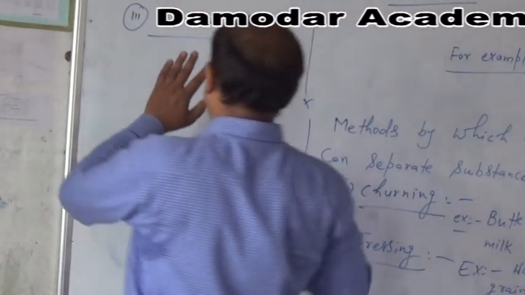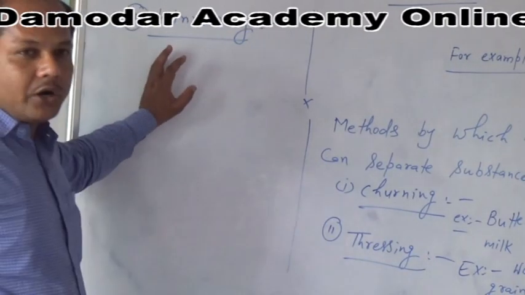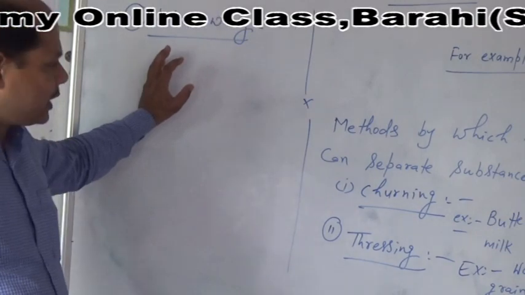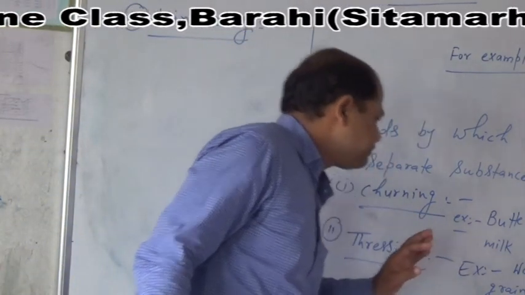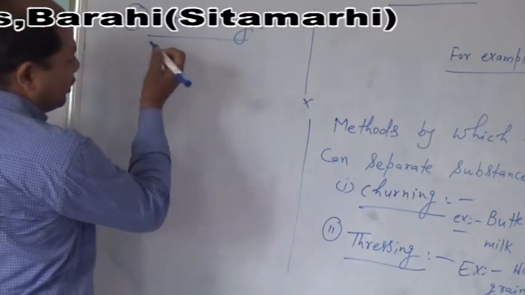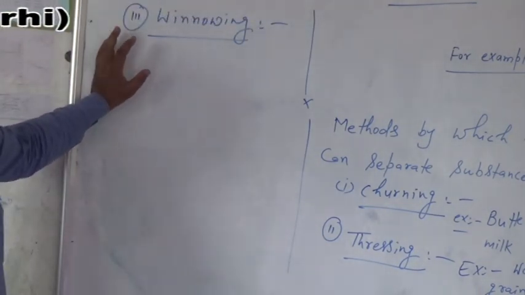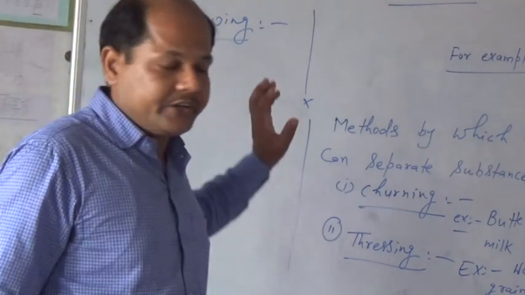So we can separate dirt particles or husk particles from our grain. Winnowing is the method by which we can separate grain from husk or dirt.